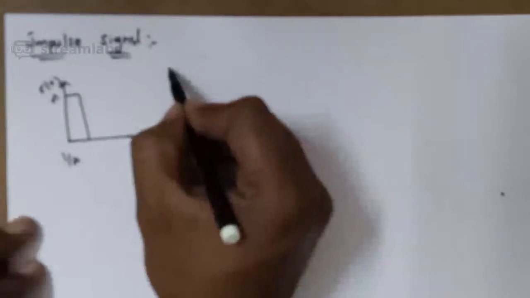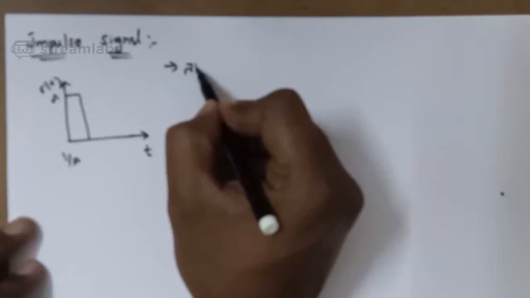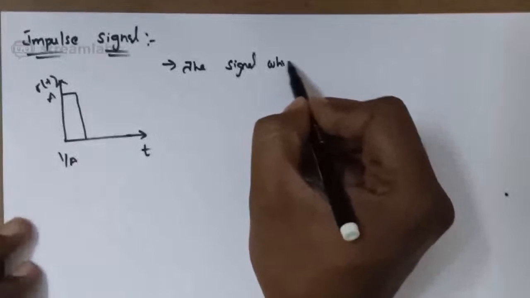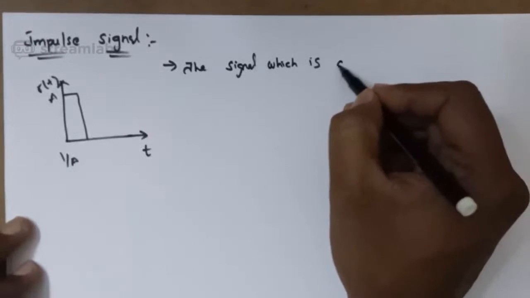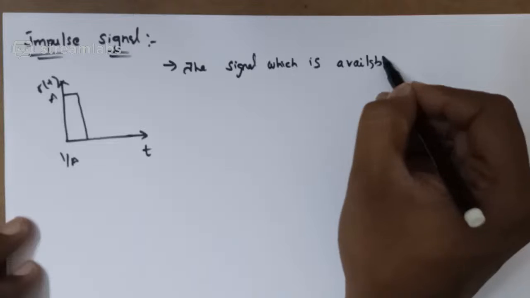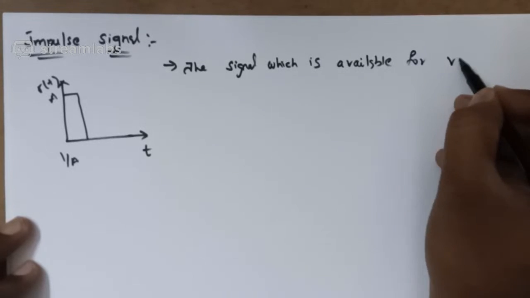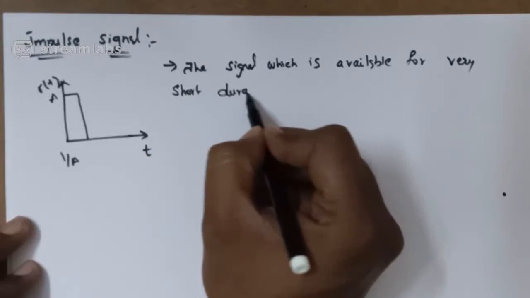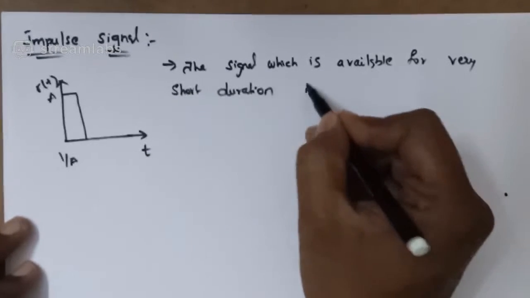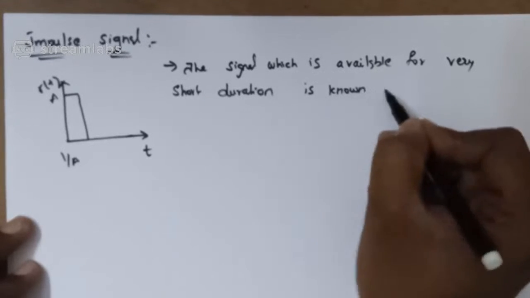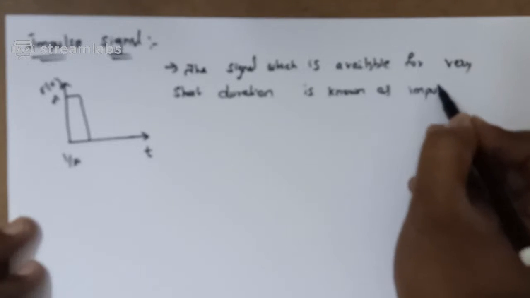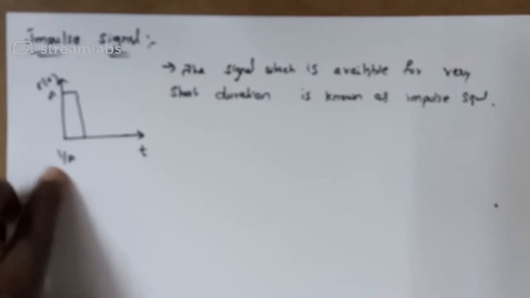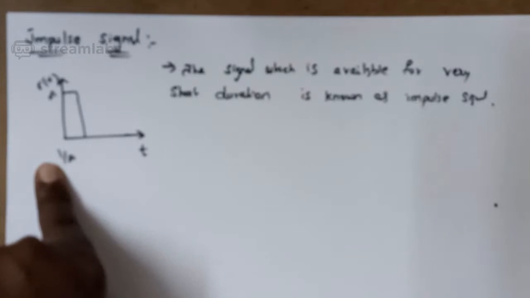The very important point is the signal which is available for a very short duration is known as an impulse signal. That's why we call it here 1 by A, the value is, okay.